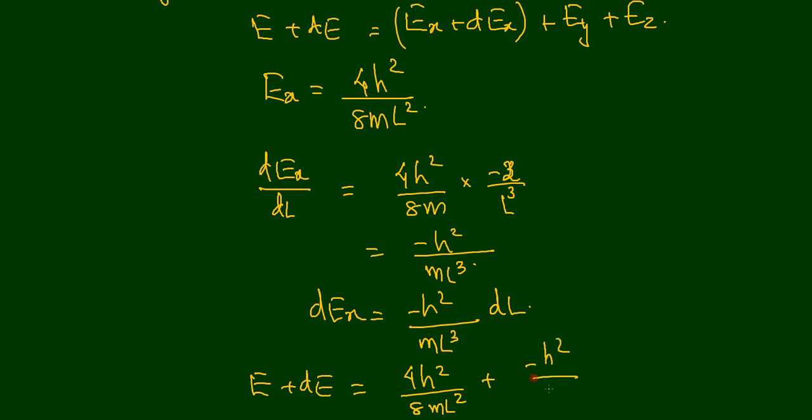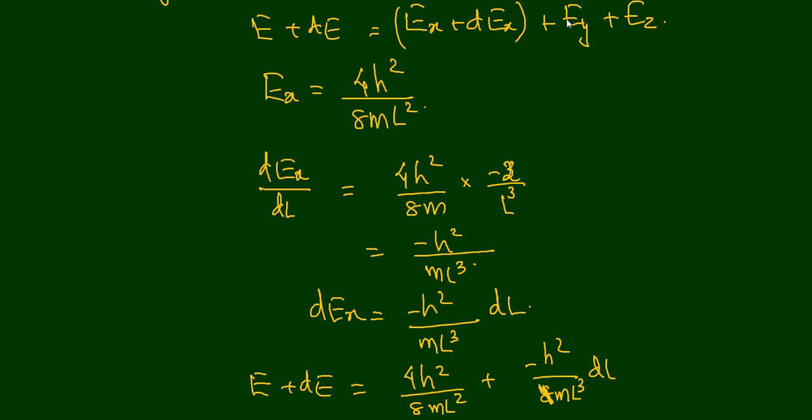Sorry, I keep writing 8 here, this is because of the repetition syndrome. Minus h² divided by ml³ into dl, that is dEx, plus now Ey and Ez, these two terms.